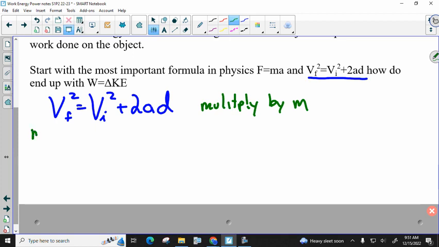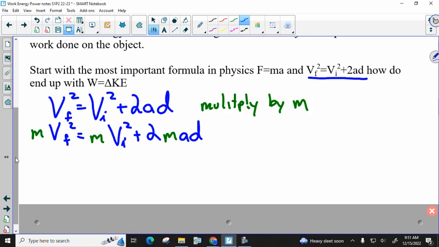So then I'm going to have this: m Vf squared equals m Vi squared plus 2 m a d. So all I did was multiply everything by m.